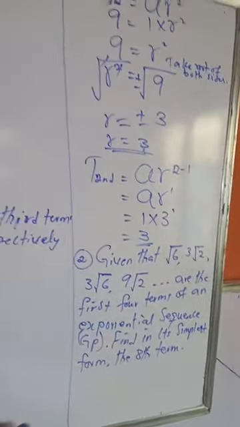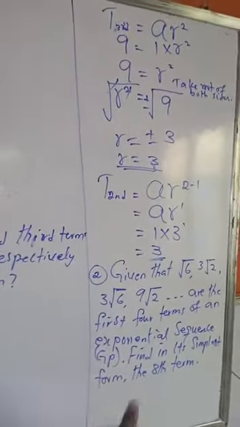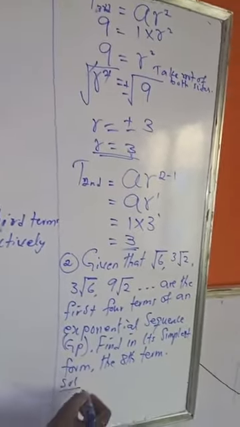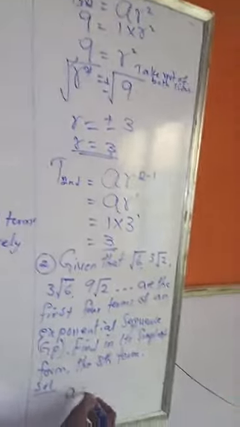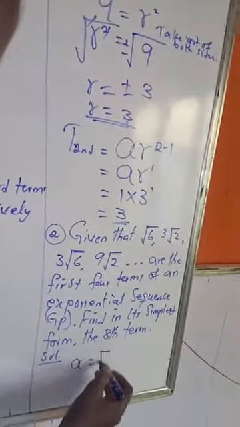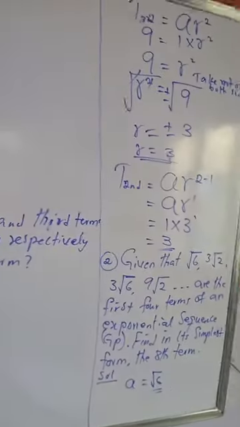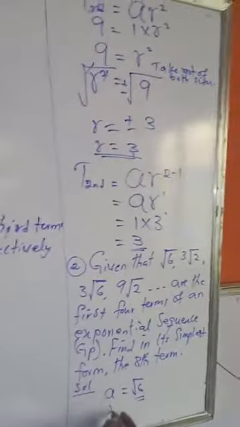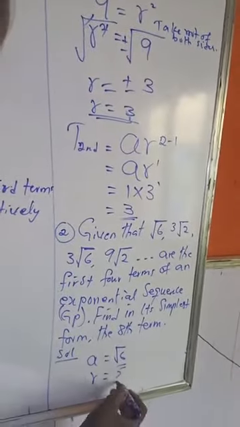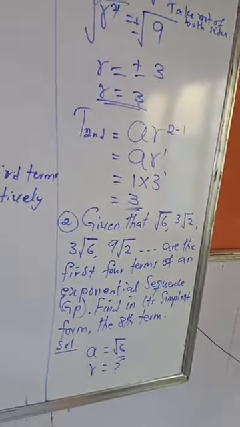So the first thing that will come to our mind, we know our first term. Our first term is what? Root 6. We need what? Our r, common ratio. We don't know that, so let's get that first.